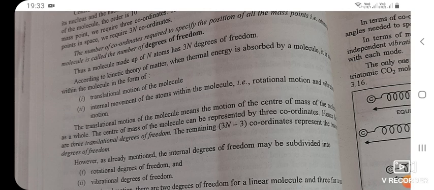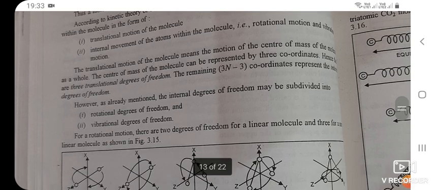According to the kinetic theory of matter, when thermal energy is absorbed by a molecule, it is stored in the form of translational motion of the molecule and internal movement of the atoms within the molecule, that is rotational motion and vibrational motion.